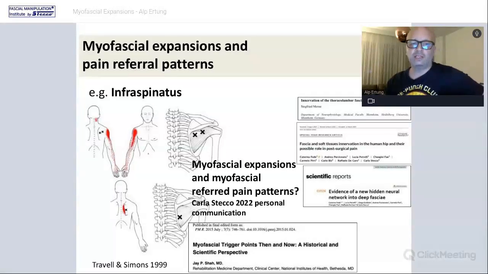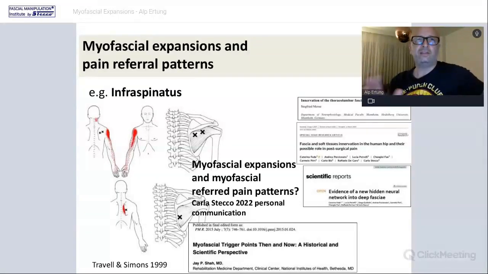So, the relationship between the myofascial expansions and the pain referral patterns. As we know, Travell and Simons, the holy book of myofascial pain and dysfunction, has a lot of wonderful pictures and illustrations like this, talking about trigger points and pain referral patterns.